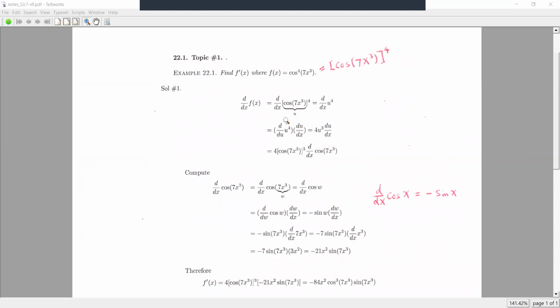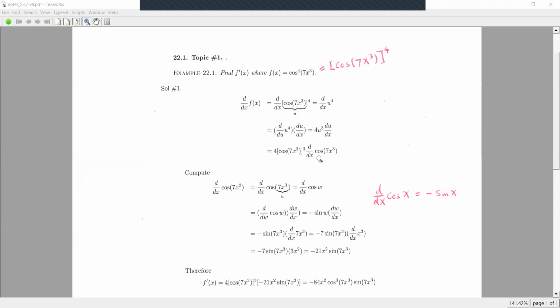The first derivative is the derivative on u to the fourth with respect to u. By formula, it is 4 times u to the third. Now, remove the intermediate variable u. Plug in cosine of 7x to the third in u. Then we have this equation.